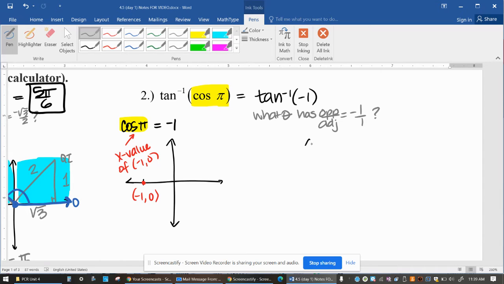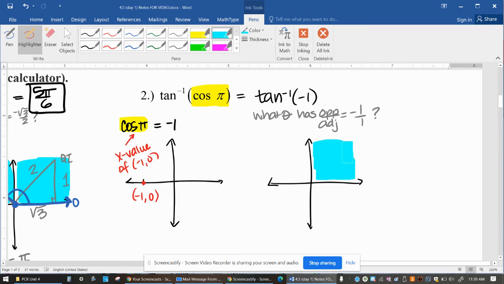All right, so for tangent inverse, you are restricted to quadrants 1 and 4, but more specifically, you can go up to positive pi over 2 or down to negative pi over 2. Because of that negative, I'm leaning more towards quadrant 4.